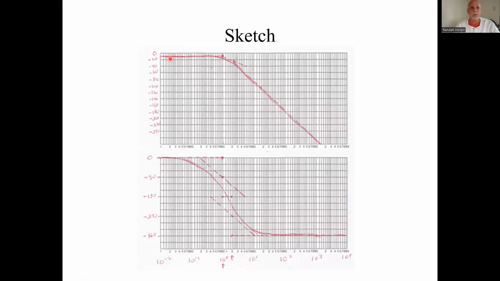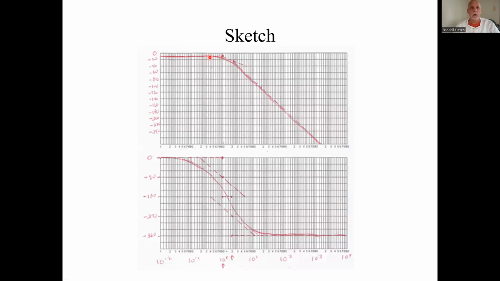So this first asymptote is flat, slope of 0, and it was, I think, minus 12. It has to go over to 1 and 2. So there's our first breakpoint at omega equals 1.